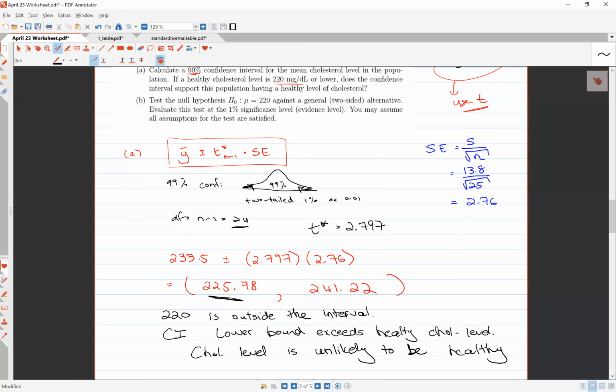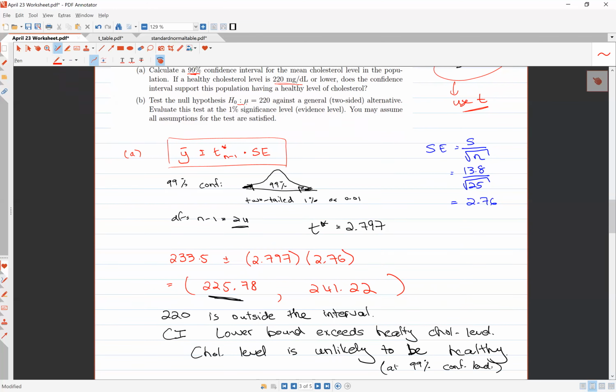So the cholesterol level here is unlikely to be healthy at the 99% confidence level. You should have a habit of stating what your confidence level is or what your evidence level is, etc.